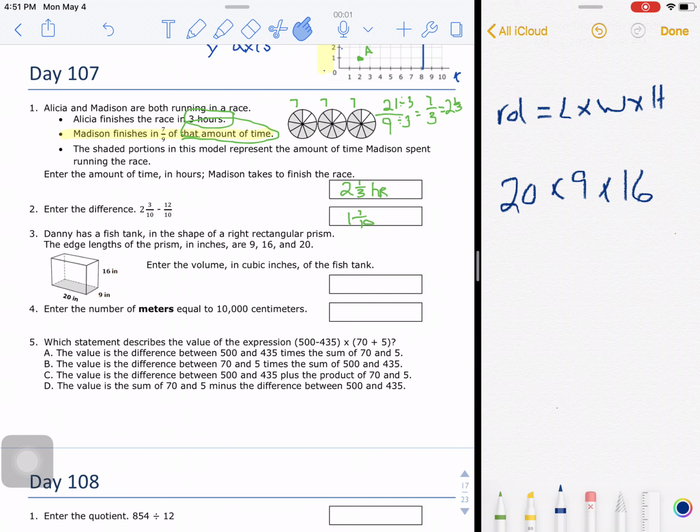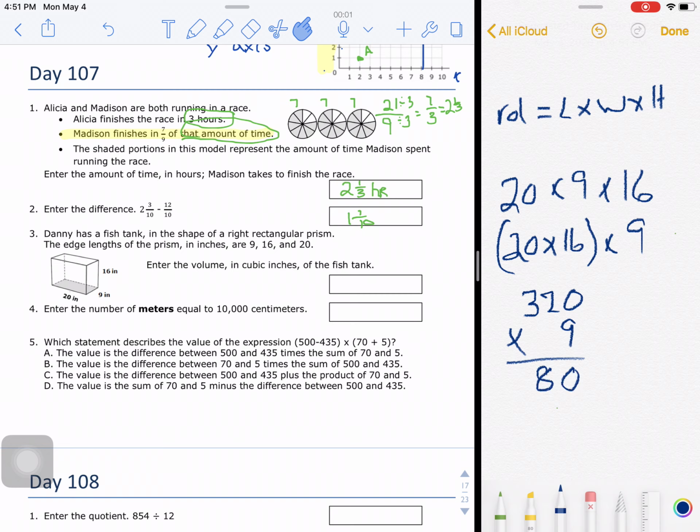In this case, I know that 20 times 16 is 320, because I know 2 times 16 is 32. So I'm going to have 320 times 9. And 320 times 9 is 2,880.